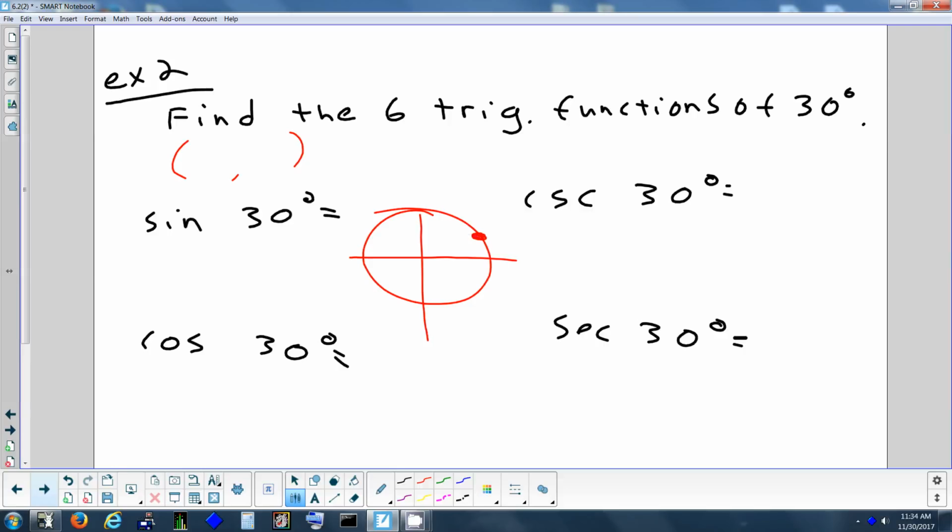Put your 30-degree angle right there. Draw a triangle. And you should be able to very easily tell where the long side is. The long side is the bottom. The long side is x. So x is root 3 over 2. The short side is 1/2.